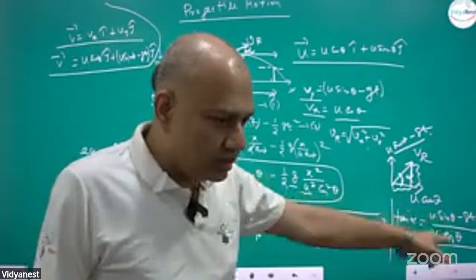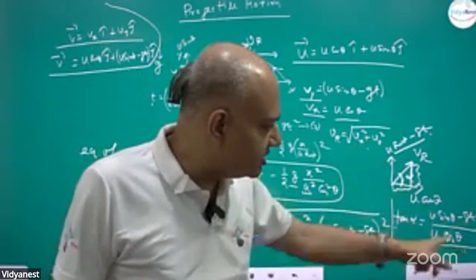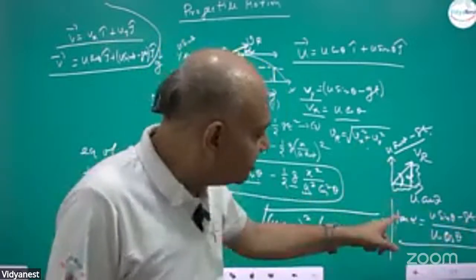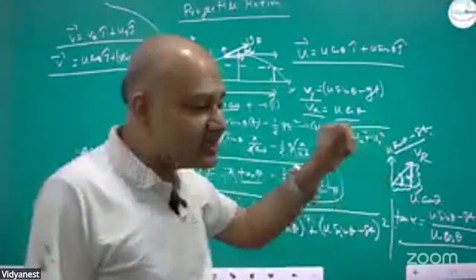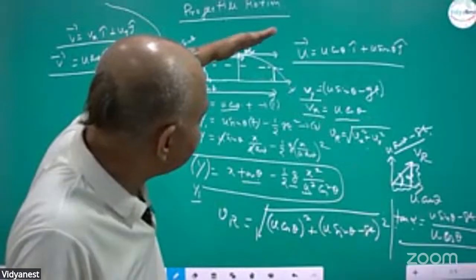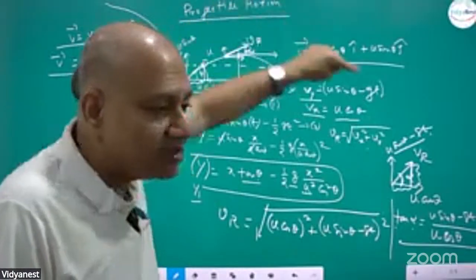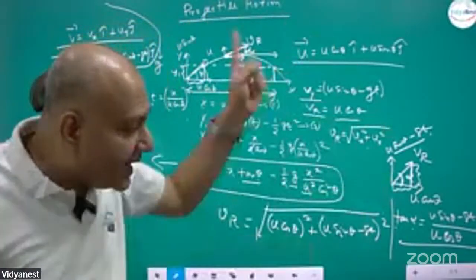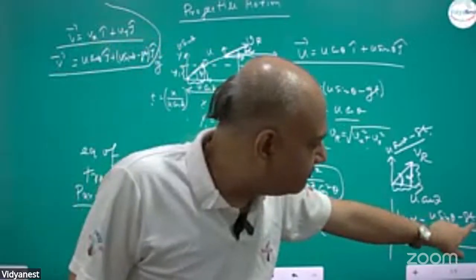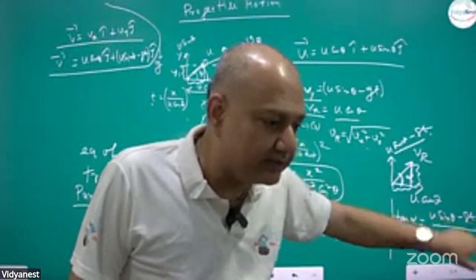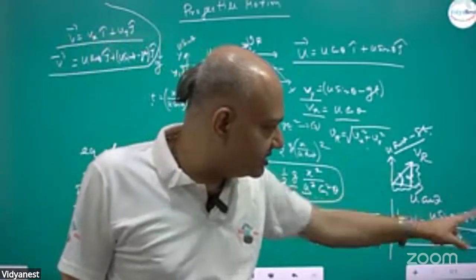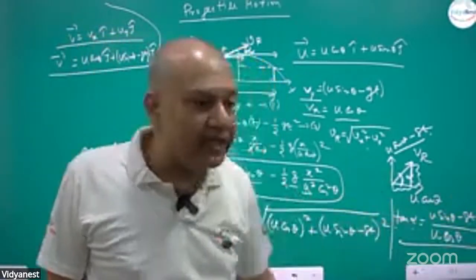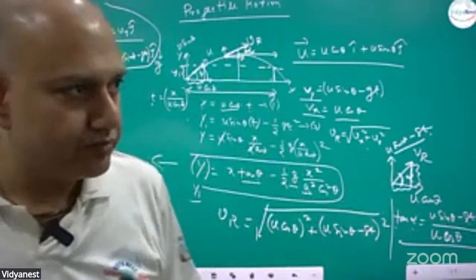So tan alpha equals u sin theta minus gt divided by u cos theta. This alpha is the instantaneous inclination of that velocity with the horizontal. That inclination depends upon time, because t is present here in u sin theta minus gt. That's why this alpha depends upon time. Understanding my point?